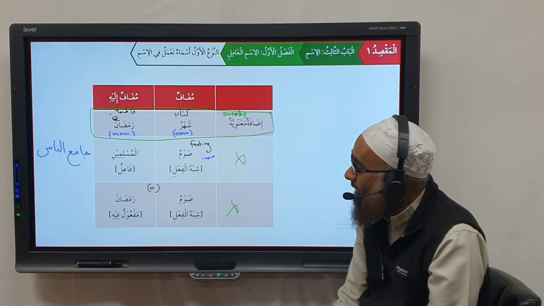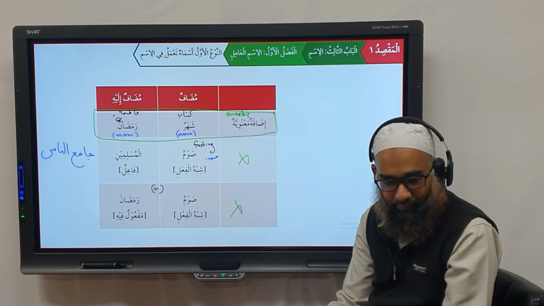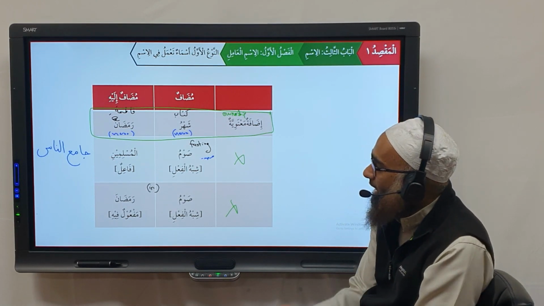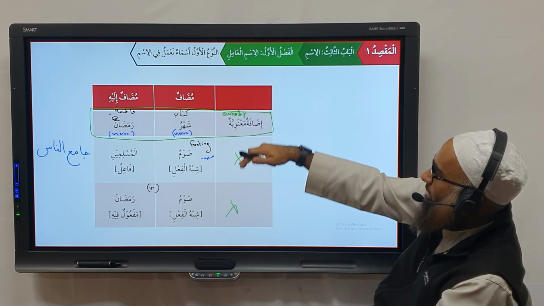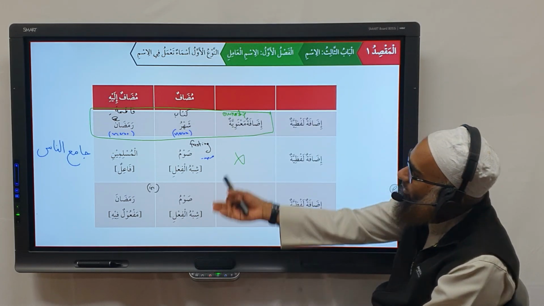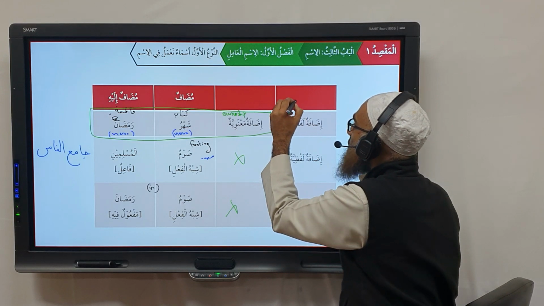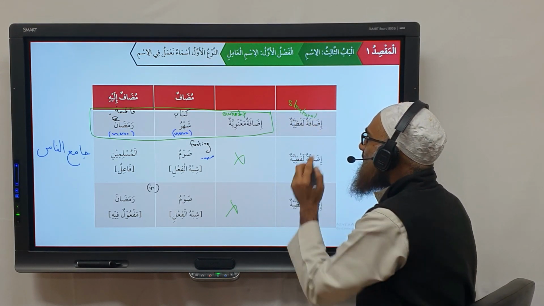So do these bottom two have the meaning of idafa? No, they don't. So therefore, we say, okay, let's call this one إضافة معنوية, the idafa which has the meaning of idafa. Now they are all idafa in the structural sense, in لفظي. So in لفظية, we say structural. What are we going to call إضافة لفظية?